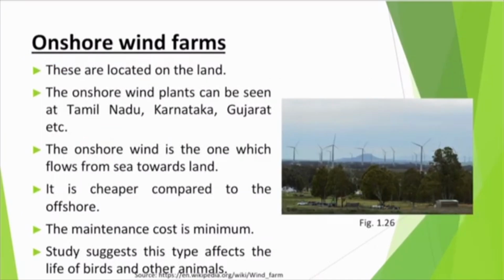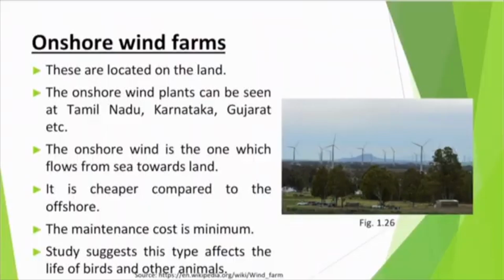Now let us try to understand the technology and the challenges with onshore and offshore. As you all know, onshore wind farms are very easy to install and they are located on land. Onshore wind plants can be seen in India in many places, especially coastal India, that is Tamil Nadu, Karnataka and Gujarat. Onshore wind is the wind that flows from the sea towards the land.